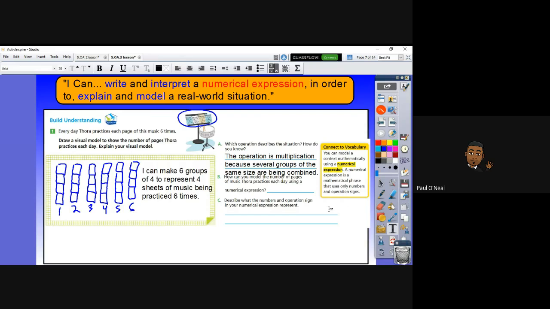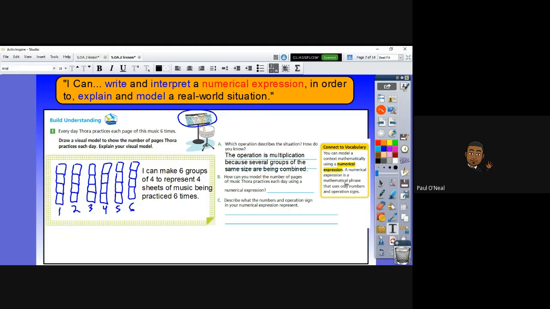Okay. All right. Now, before I answer B, actually, let me make it a little smaller. There we go. Before I do B, I want to read what is written here in yellow. It says connect to vocabulary. You can model a context mathematically using a numerical expression.